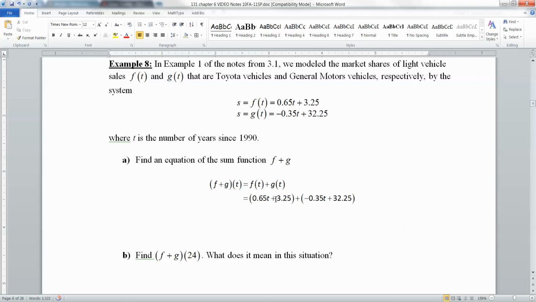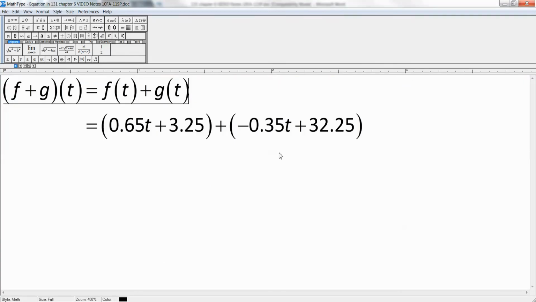Cool. So I've got them. There they are. Okay, so this one's going to be a little bit simpler than the one we did before because I don't have to worry about distributing a negative or anything like that.